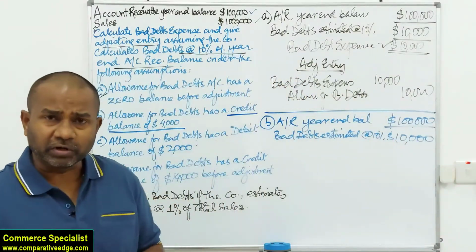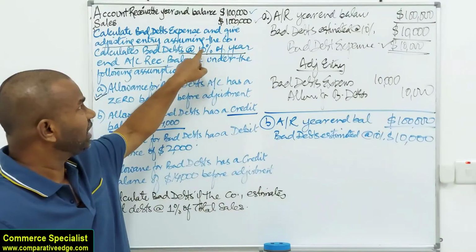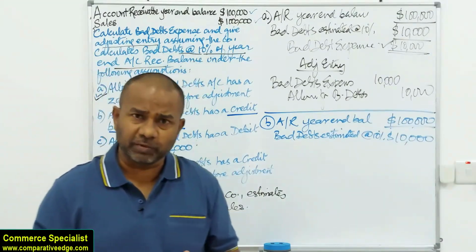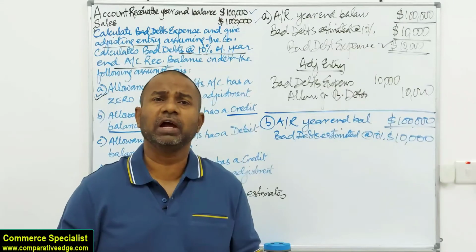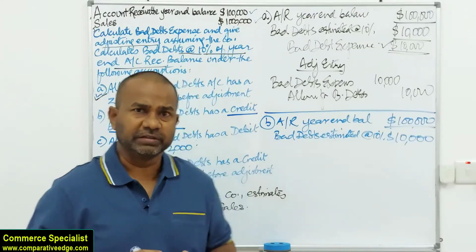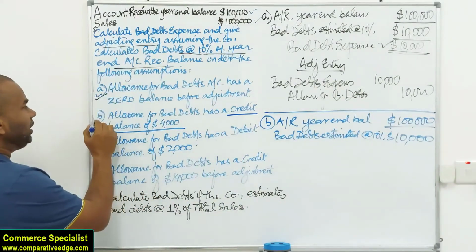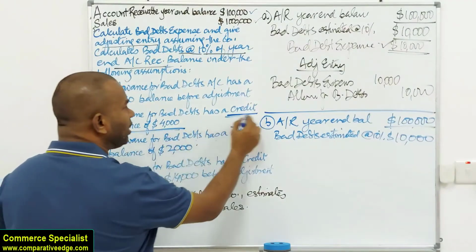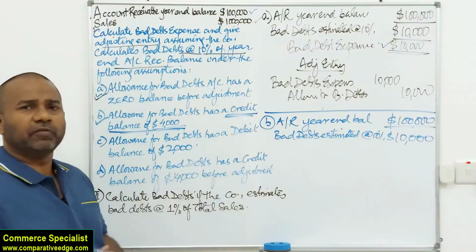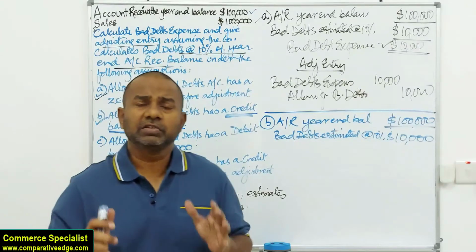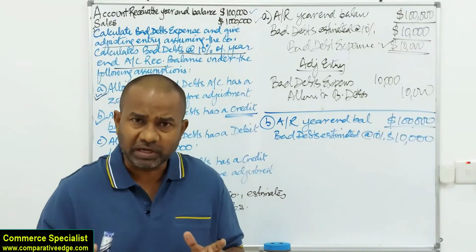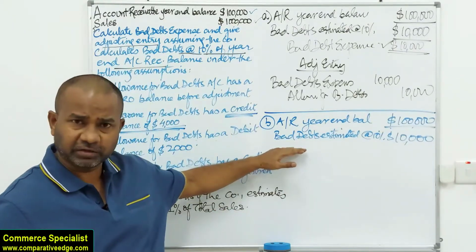Now it is very important: whenever bad debts are estimated at 10% of year-end accounts receivable balance, we have to look at the allowance for bad debts balance. And in assumption B, it has a credit balance of 4,000 before adjustment. Please understand, whenever there is a credit balance of allowance, that is to be subtracted from this figure.